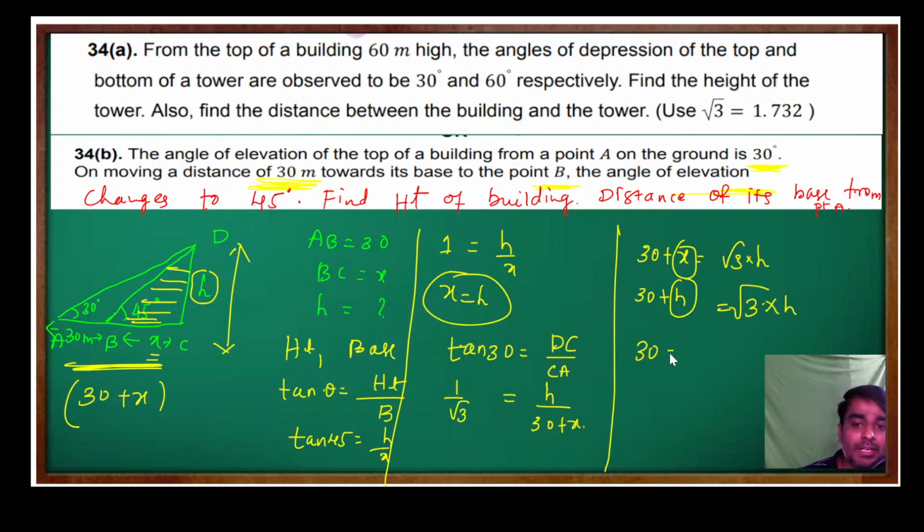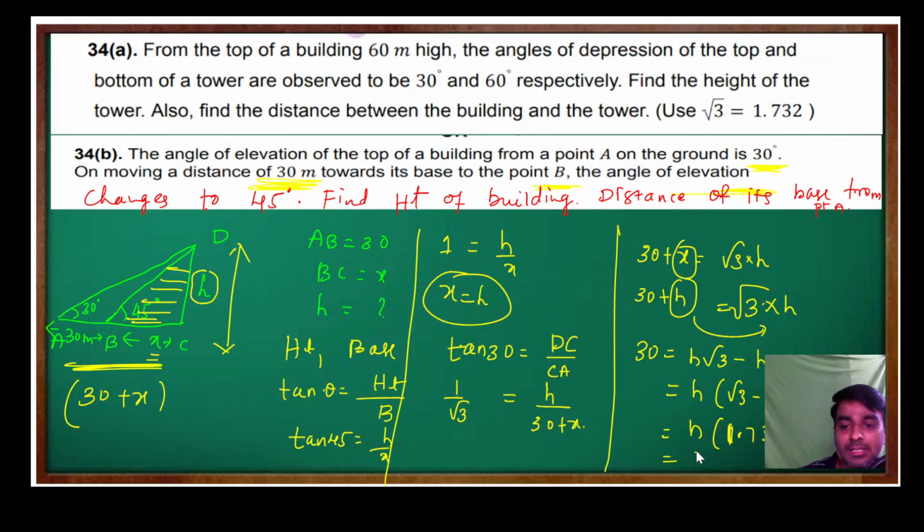Now keep 30 here only, shift the H that side. So you have H root 3 minus H. H common, root 3 minus 1. What is root 3? 1.732 minus 1. So 1.732 minus 1, right?